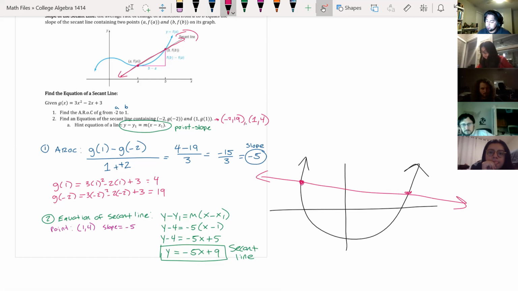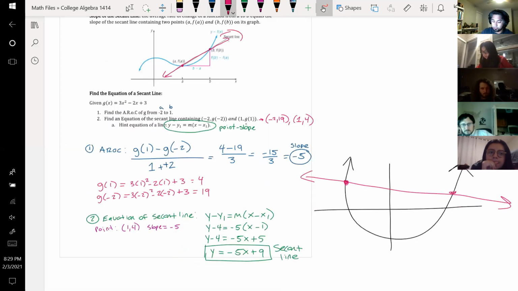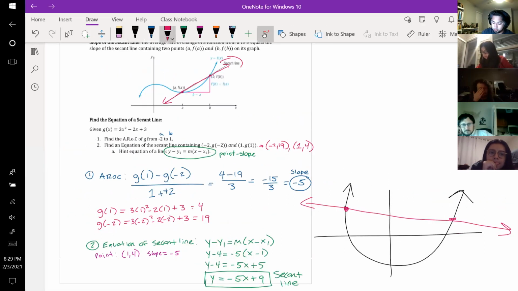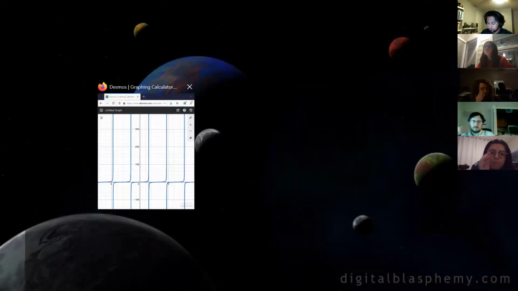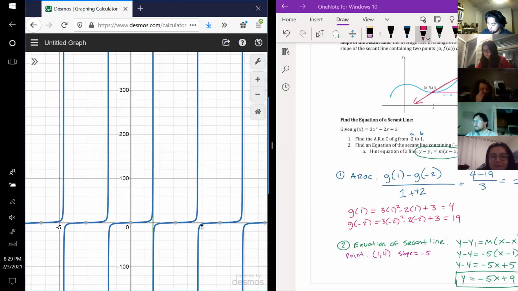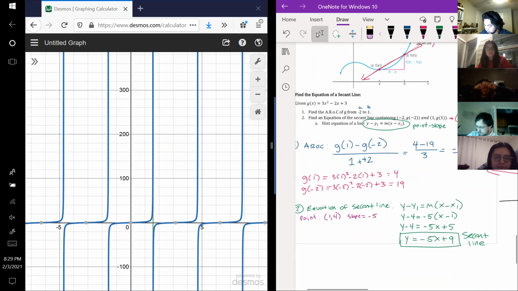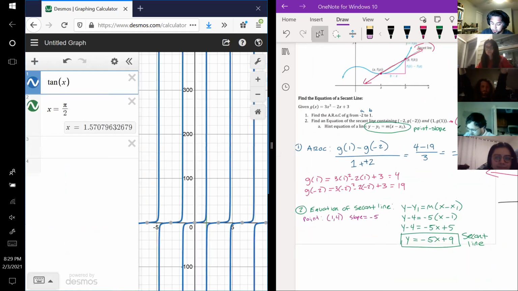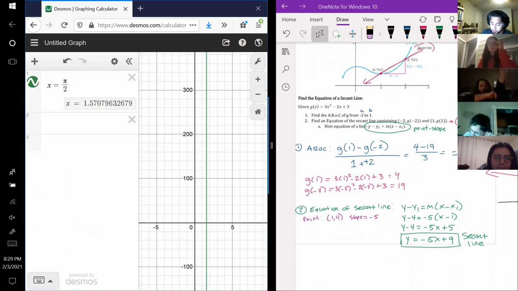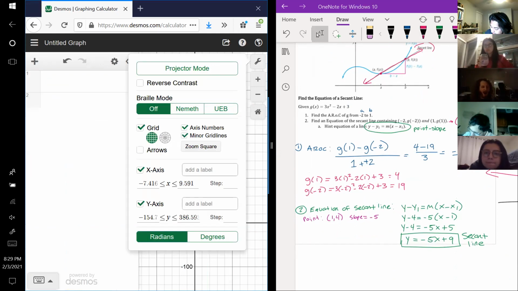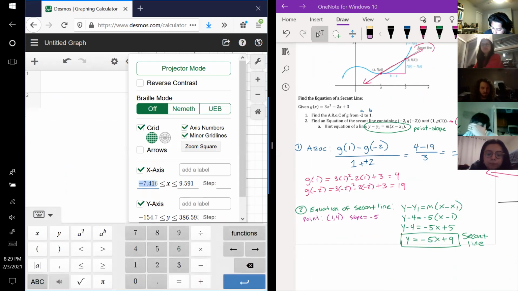I have Desmos. Let's go check that out. So I'm just going to type in everything I have here. I need to go back to my normal restrictions. How about negative 10 to 10? Might have to change that.